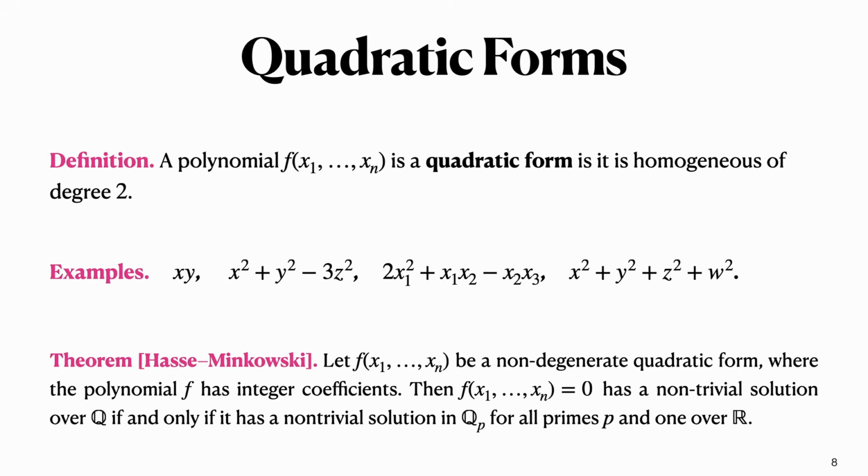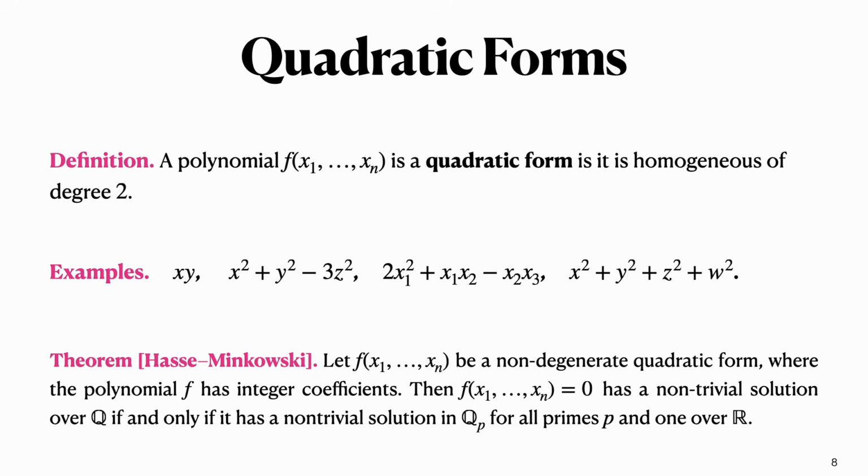So we say that there is a solution for the quadratic form equal to 0 over Q if and only if there is a non-trivial solution over Q_p for all primes p and over R. If you haven't seen Q_p before, you can almost truly change Q_p for mod p, with some, don't kill me, but you can think mod p for every p with some other conditions for bad primes.